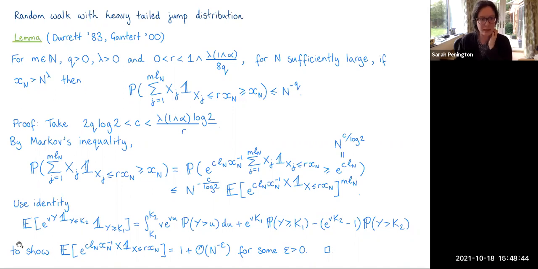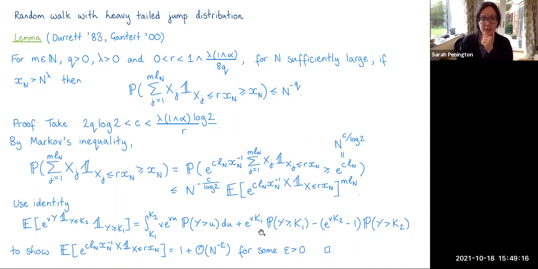The identity says that the expectation of e to the vy times the indicator that y is less than or equal to some positive k2 times the indicator that y is at least some smaller constant k1 can be given by an integral from k1 up to k2 of an integrand times the probability that y is bigger than u du, and then plus a couple more terms.